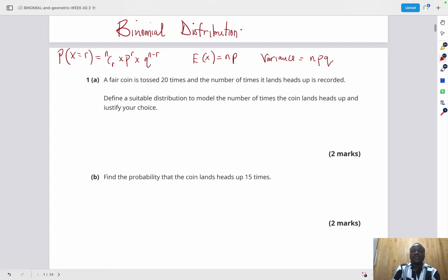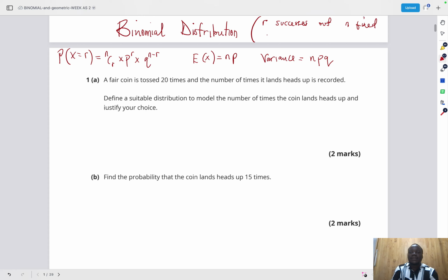So for binomial distribution, questions on binomial distributions are: number one, a discrete random variable. A binomial distribution must be a discrete random variable. And then secondly, binomial distribution looks at R successes out of n fixed number of attempts.